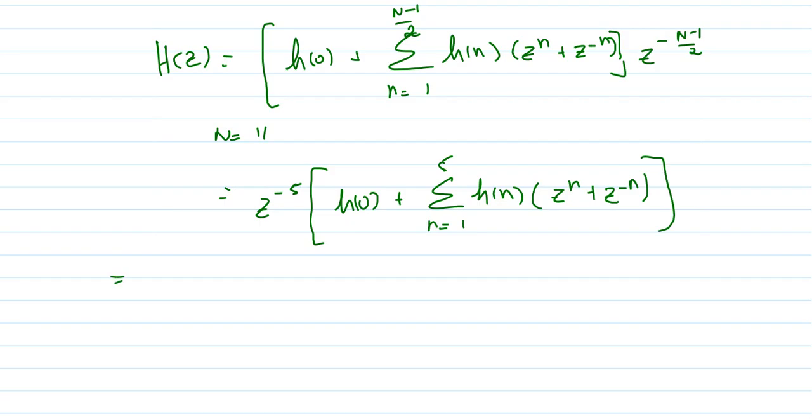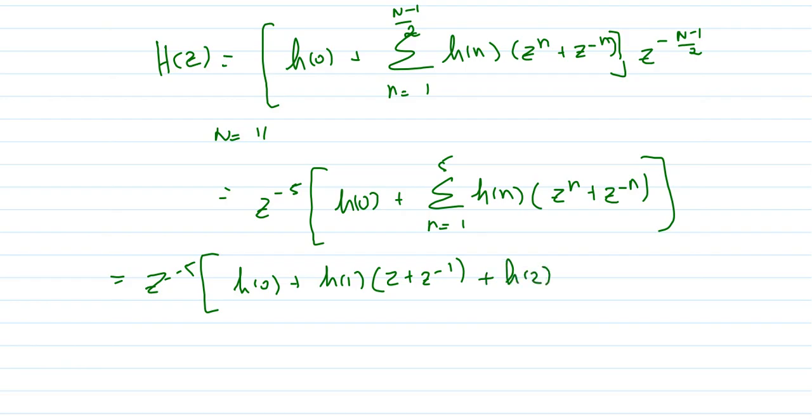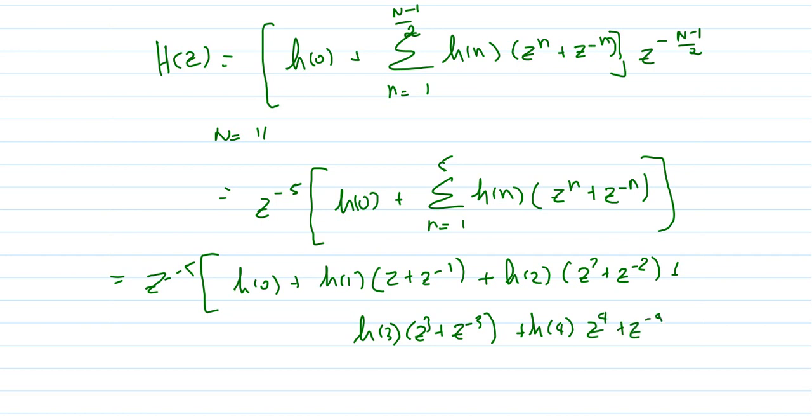Expanding it, z power minus 5 into H of 0 plus H of 1 (z plus z inverse), plus H of 2 (z square plus z power minus 2), plus H of 3 (z cube plus z power minus 3), plus H of 4 (z power 4 plus z power minus 4), and last we have H of 5 (z power 5 plus z power minus 5).